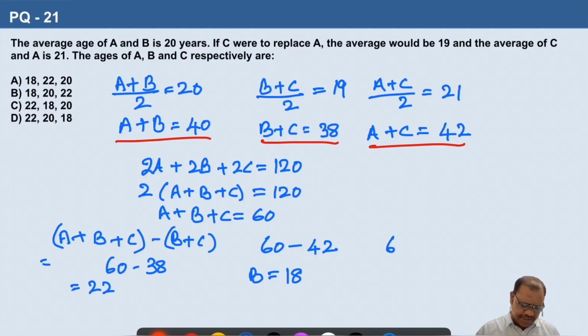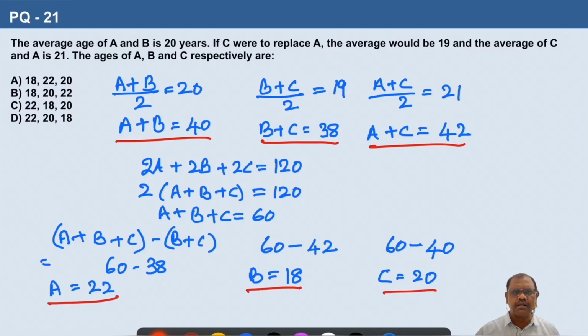Next, from A plus B plus C, subtract A plus B, that is 20. So the ages of A, B and C are 22, 18 and 20. So option C is the correct answer.